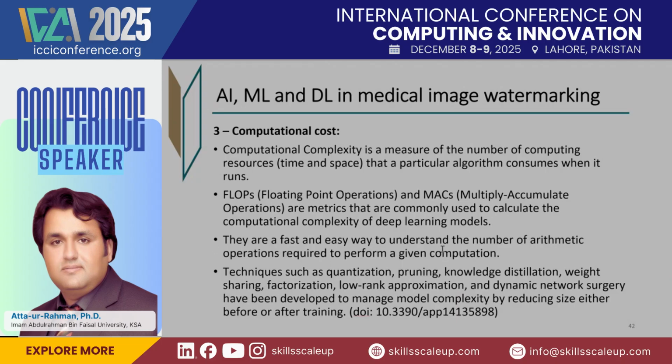They are a fast and easy way to understand the number of arithmetic operations required to perform a given computation. So techniques such as quantization, pruning, knowledge distillation, weight sharing, factorization, low rank approximation, and dynamic network surgery have been developed to manage model complexity by reducing size either before or after training. So once the model has been trained and potentially optimized, it can now do the job in a quicker fashion.